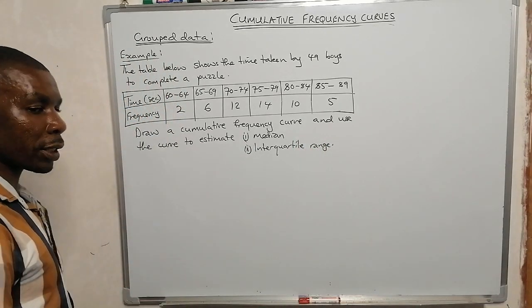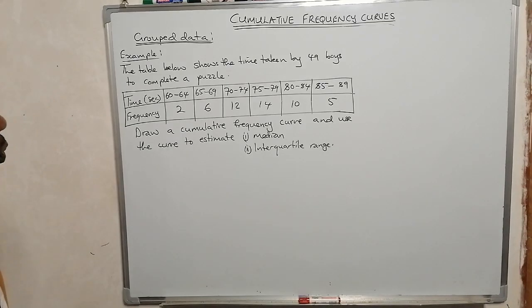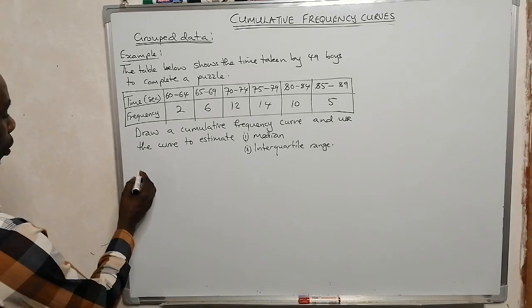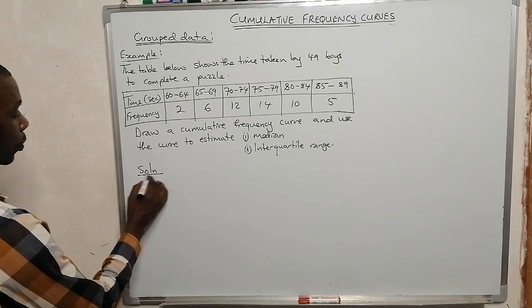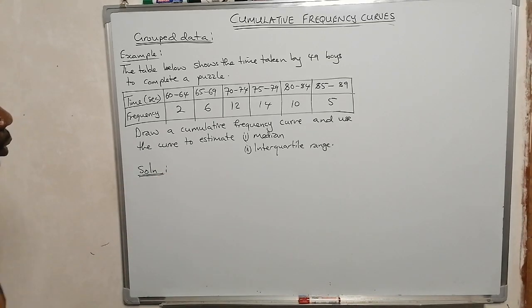Right, so this is the question. We want to draw a cumulative frequency curve, then we use that cumulative frequency curve to find the median and the interquartile range.